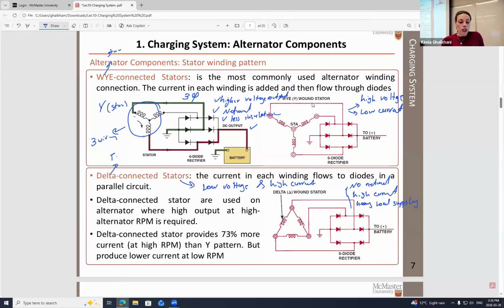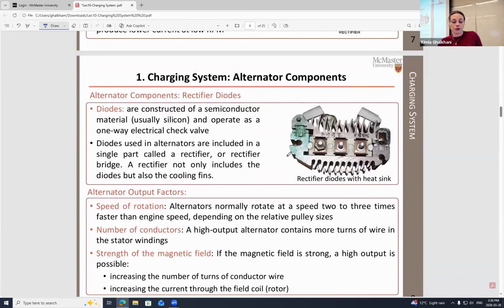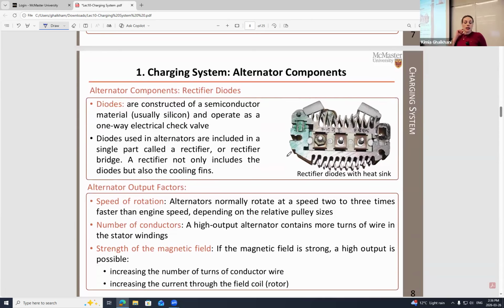So in addition to that, now we are going to look at the rectifier. Now, a rectifier, in fact, is a diode, and a diode is a kind of semiconductor. I've already introduced semiconductors. So now you are having a diode, which is a rectifier diode.